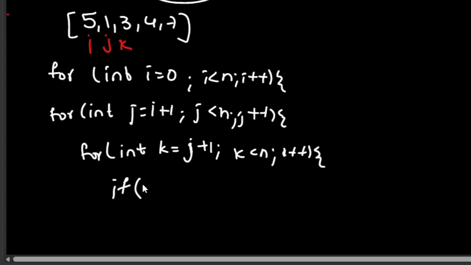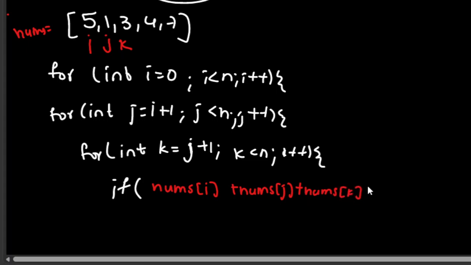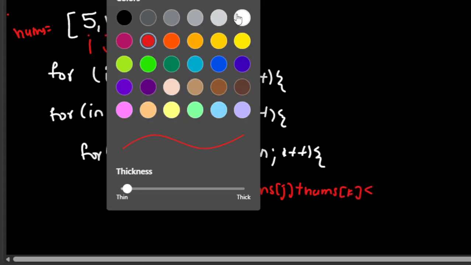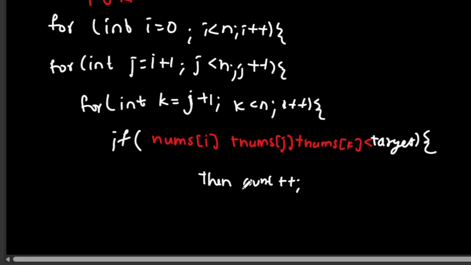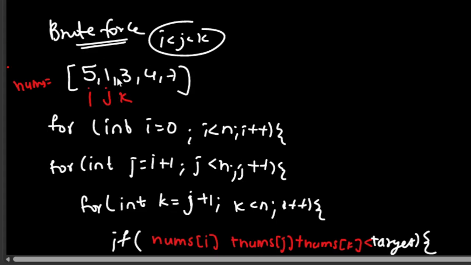That means nums of i plus nums of j plus nums of k, if this is less than the target, then count plus plus. We'll have a variable count to track the number of triplets, right? So initially we'll be checking these three. This will be 5 plus 1 plus 3, that is 9.